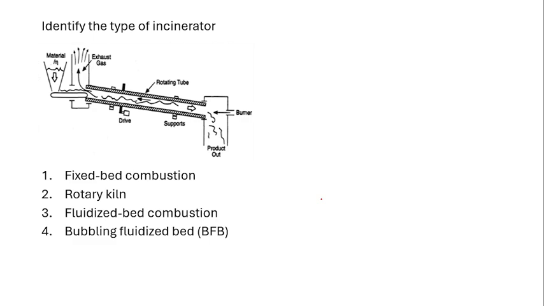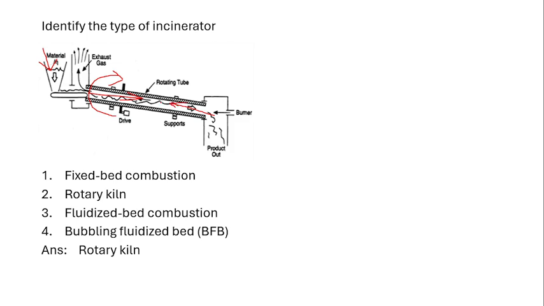Identify the type of incinerator. Fixed bed combustion, rotary kiln, fluidized bed combustion, or bubbling fluidized bed? This type of incinerator is called the rotary kiln. It rotates on a horizontal axis. Waste materials are fed through the hopper and slide down, passing through the rotating steel trays, and the heat energy is supplied from the burner in this direction.